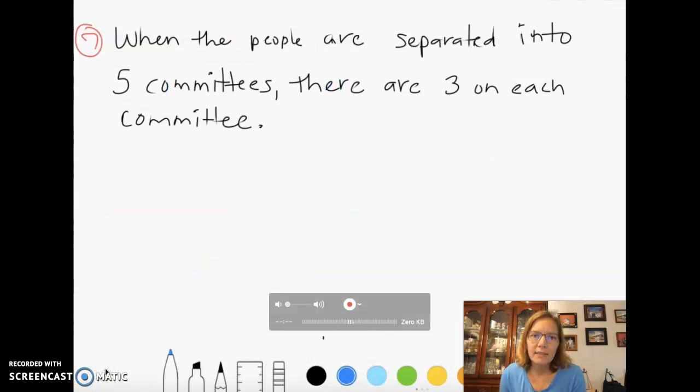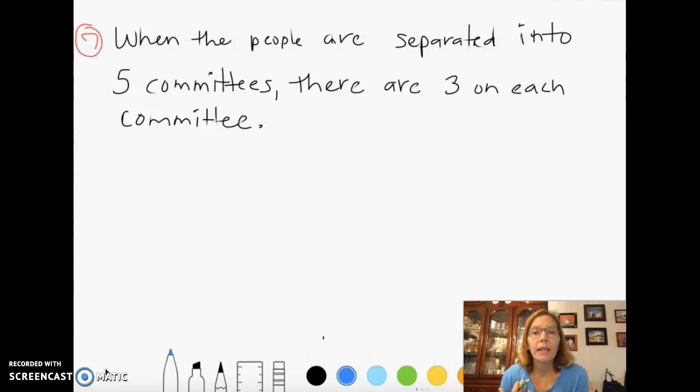Okay, this is our last example, and remember we're still writing an equation this time. So I'm going to read this sentence. It's a little bit long, but we can do it. It says when the people, okay, so I already see people, so I think I'll use a P for people, are separated into 5 committees. There are 3 on each committee.